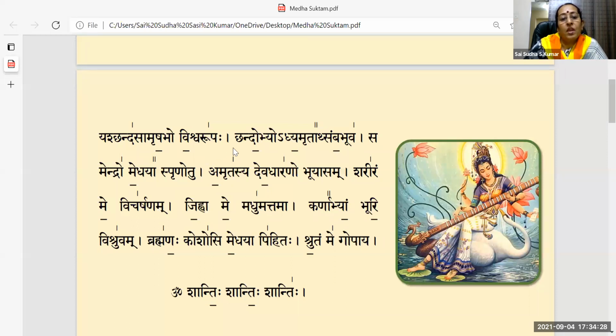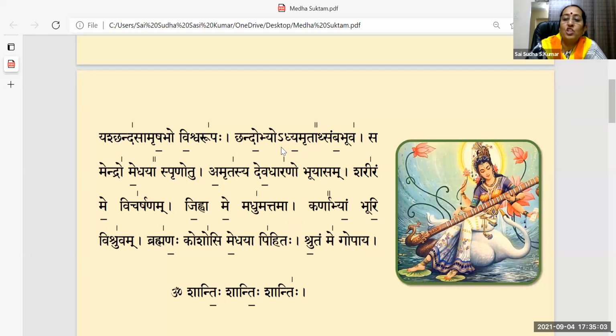Then next line, Chandobhyo Dhyamrita Sambabhuva. So cha here again Mahapran. Bhyo, it is not Chandobhyo, it is Chandobhyo. After bhyo we have here one S sign. It is called Avagraha. Wherever there is Avagraha, we have to remember two things.